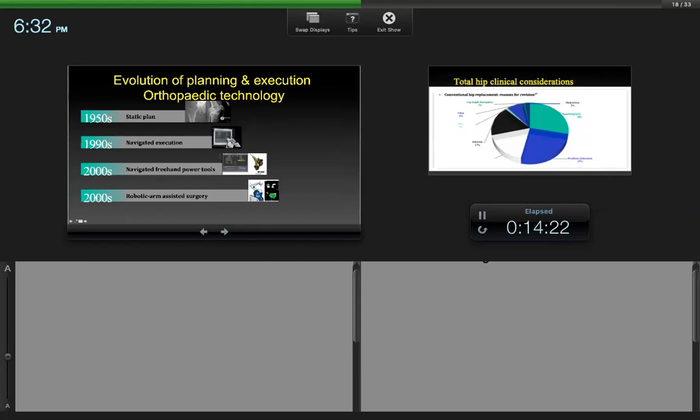And then when technology started coming more into the game, we started doing navigation to try to increase our precision. Then we applied that to freehand tools with navigation in the early 2000s. And then robotically assisted surgery started around 2010 or 2011, when we started using it in the hip replacement realm.